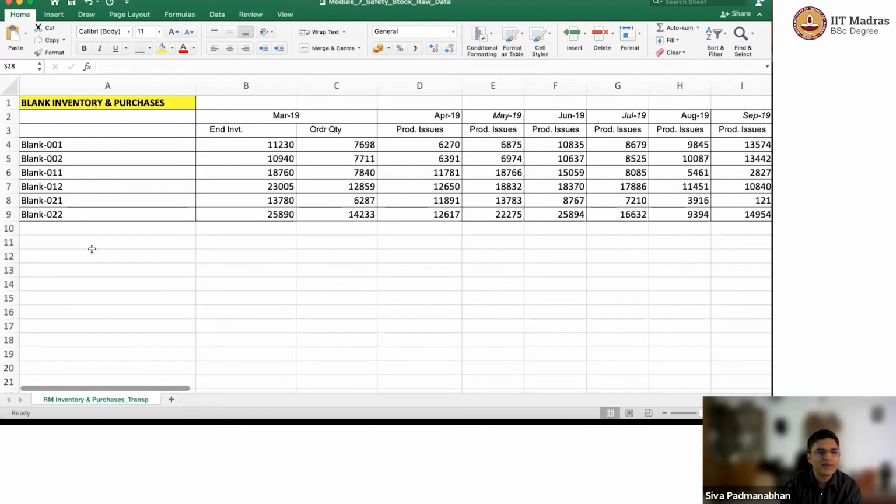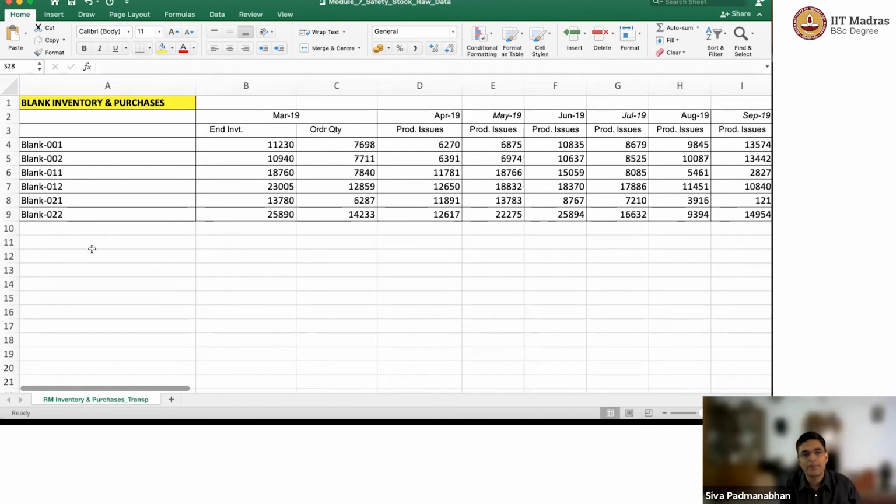Now, what you find is that if you trace the whole bill of materials down, you'll be able to see the actual amount of each blank that is consumed in each month from April 2019 to March 2021.